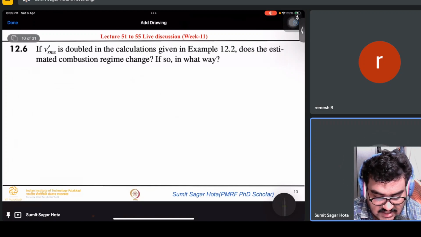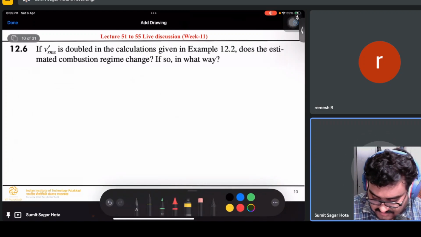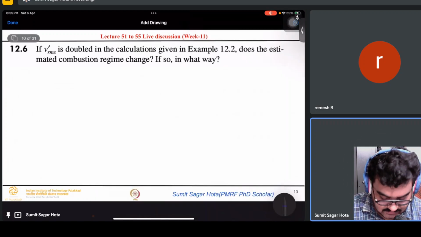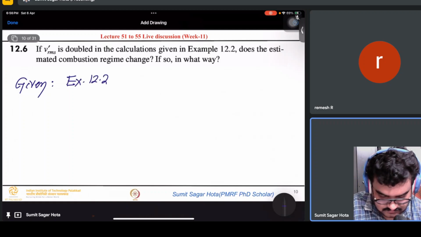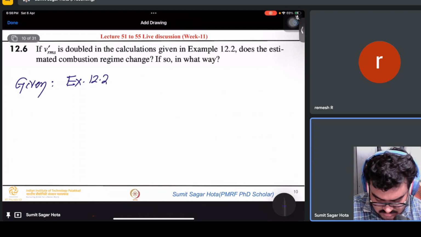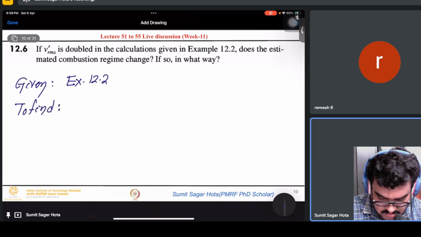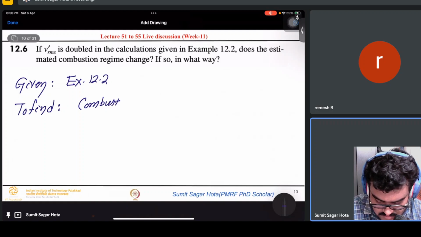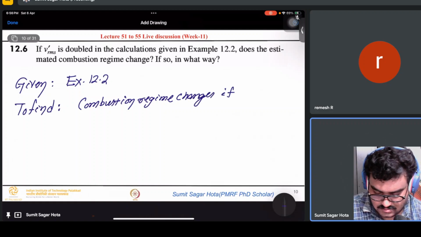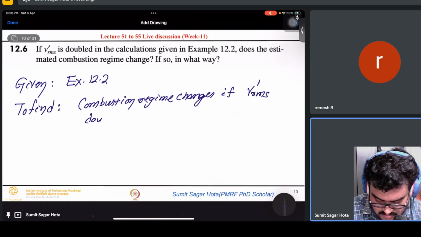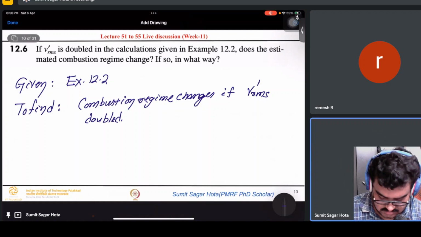For that you should go through example 12.2 in the book and take whatever information is given. So what are the questions?